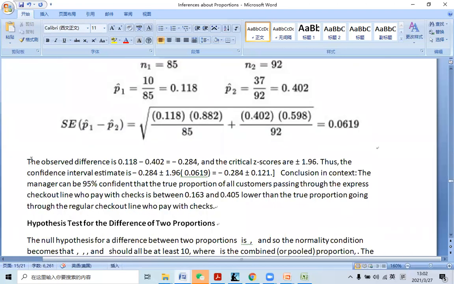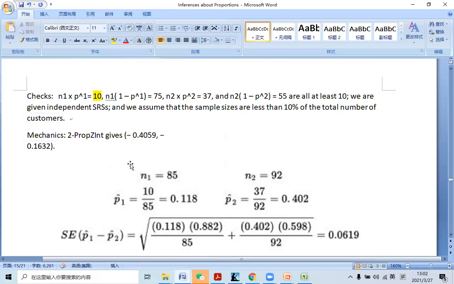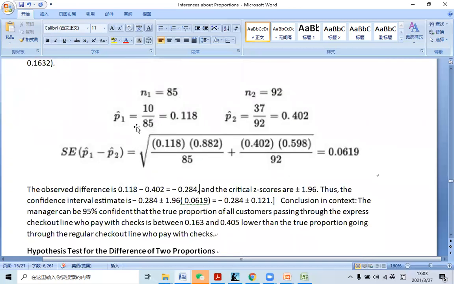And then how would you get the confidence interval? First, you get the mean, the estimate. Your observation: in the fast checkout, out of 85 people, 10 of them paid with check.